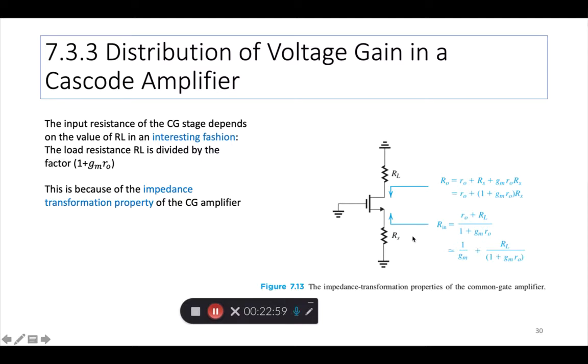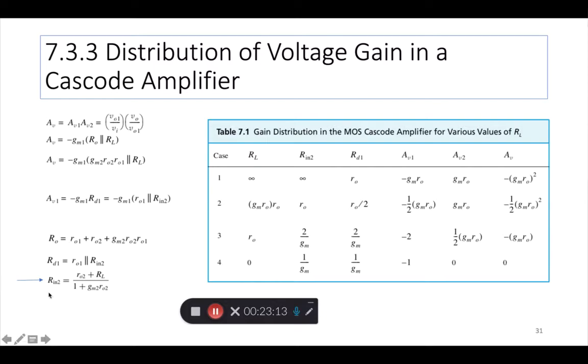For the input resistance, you get the load resistance divided by this 1 plus Gm factor. Okay, so we have studied this before, but it's interesting that it's here, and it's basically to help you understand what this Rn2 is, which is used in this formula.